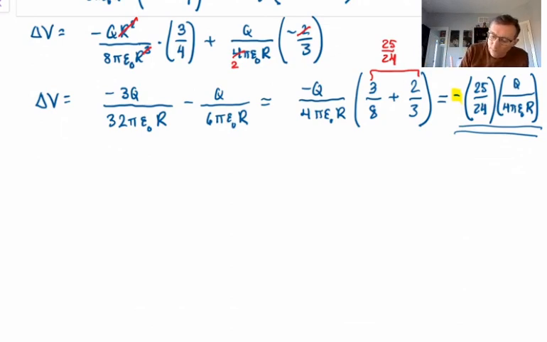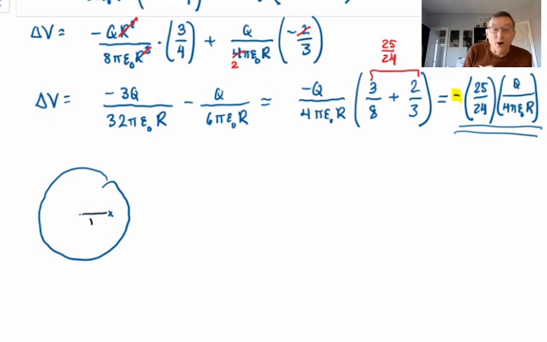So for example, let me draw the sphere again with its center. I'll pick any arbitrary point, like right there. I happen to pick a point inside, distance little r from the center.